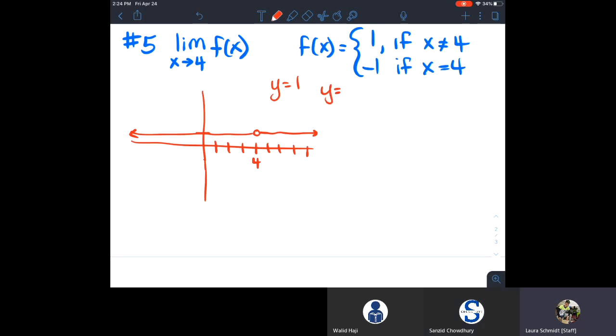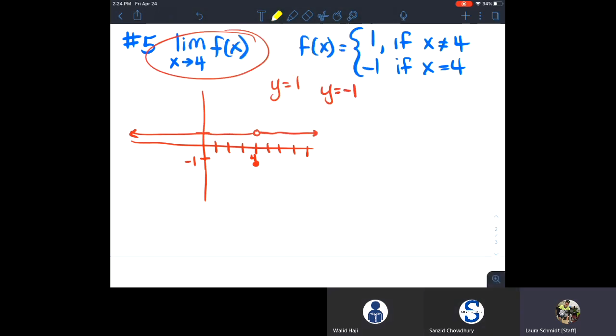And then we got y equals -1 if x is equal to 4. So I'm just gonna put that smaller. You would just have a dot here, because -1 if x equals 4. Look, this is the weirdest graph of all time. So it says determine the limit as we approach 4.